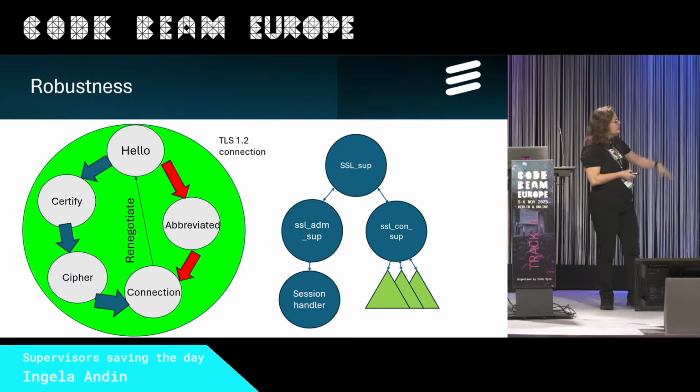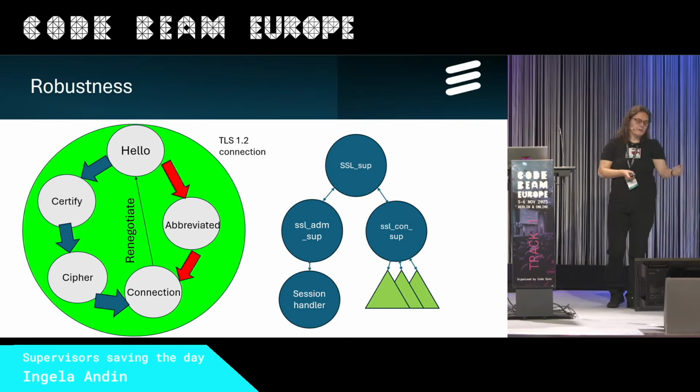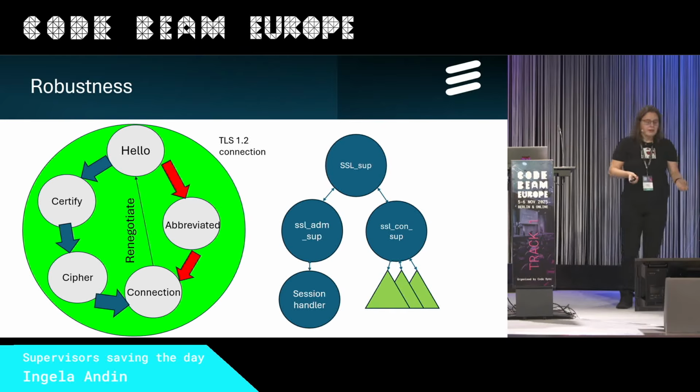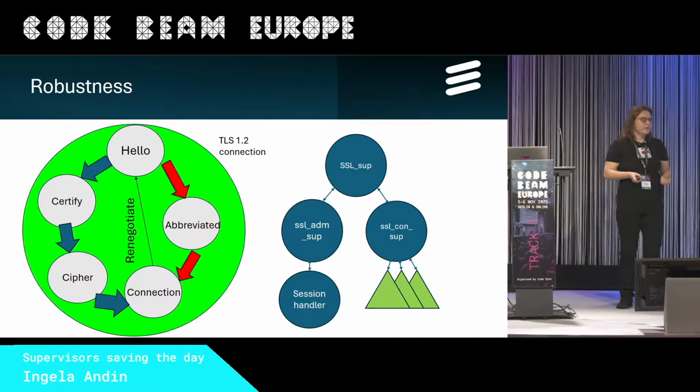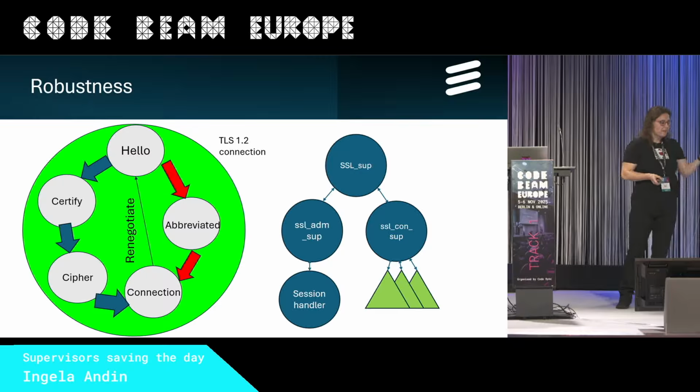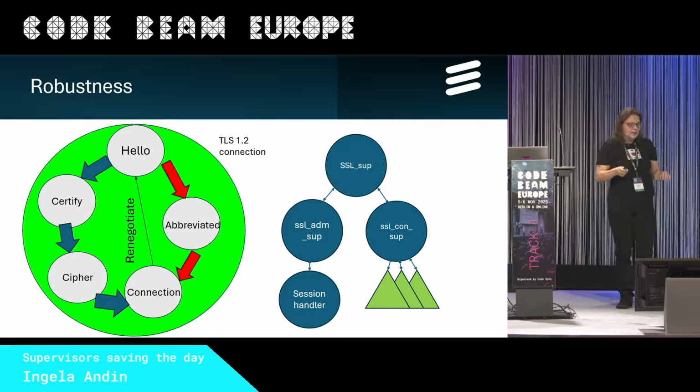And this is the typical receiver process, and it will perform a handshake, a full handshake, taking the blue path. But it could also do an abbreviated handshake once the client and the server have connected once, taking the red path. And this is done by saving some data on both the client and the server side so that we can do this optimization.